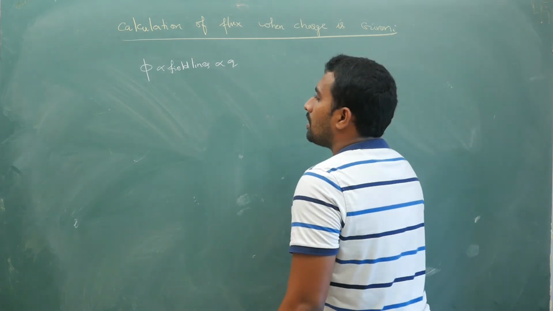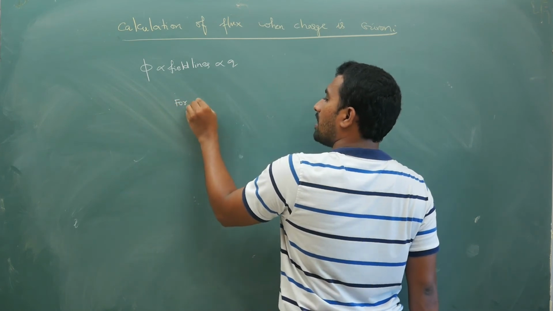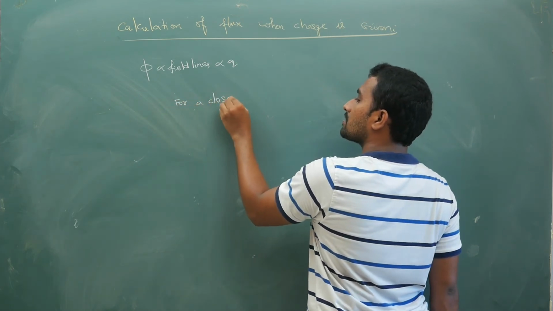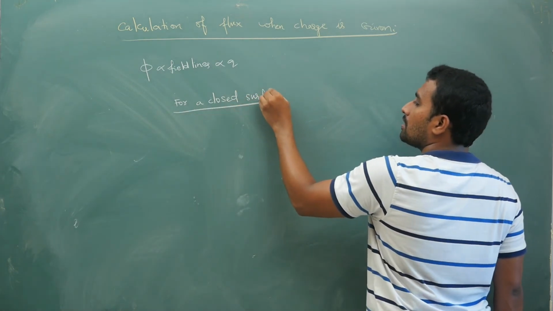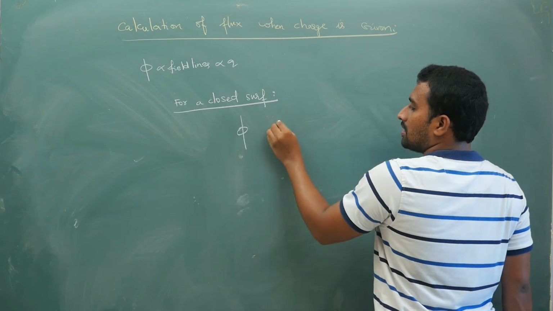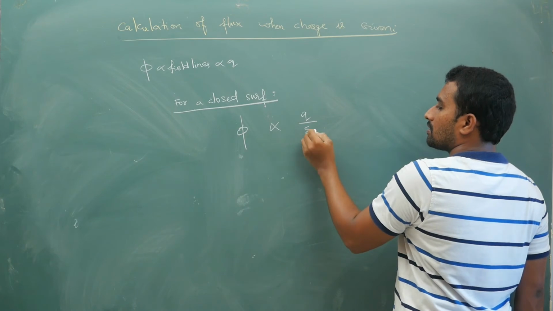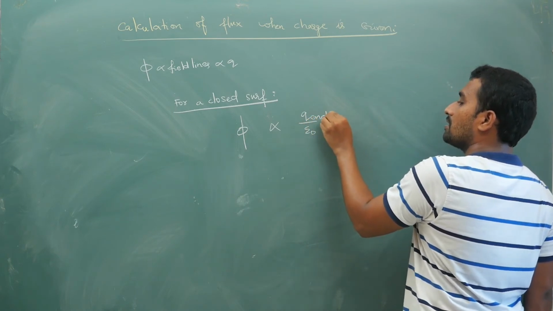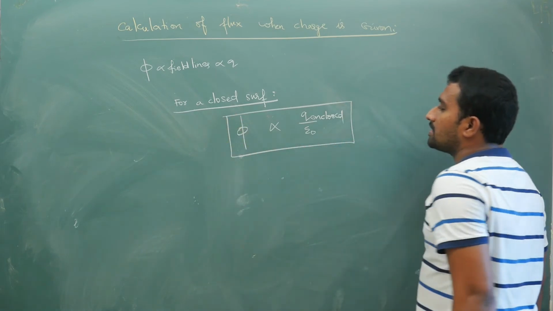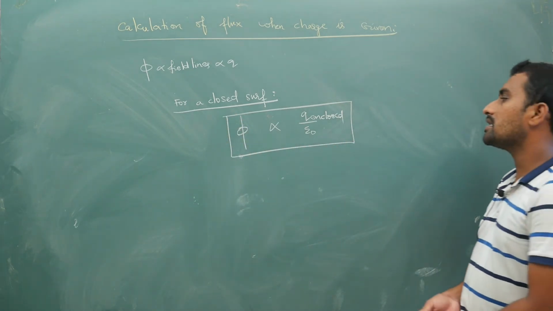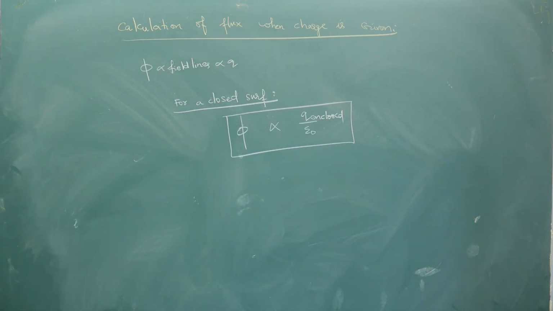Now for a closed surface, your flux is directly proportional to charge by epsilon naught, the enclosed charge by epsilon naught. For a closed surface your electric flux is directly proportional to the charge enclosed by the closed surface, Q enclosed by epsilon naught.